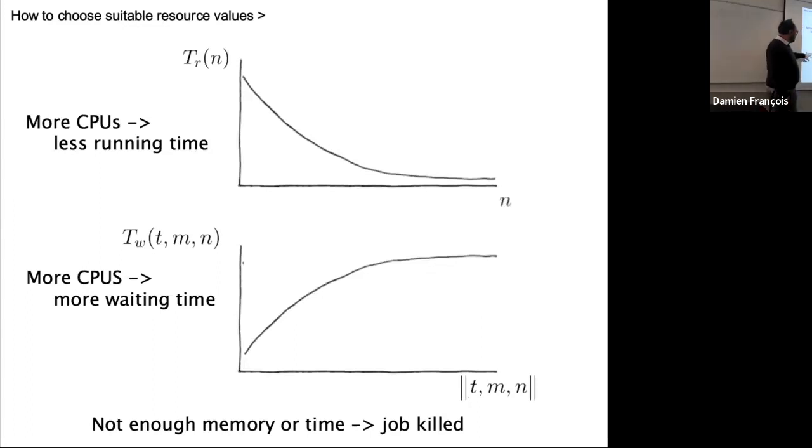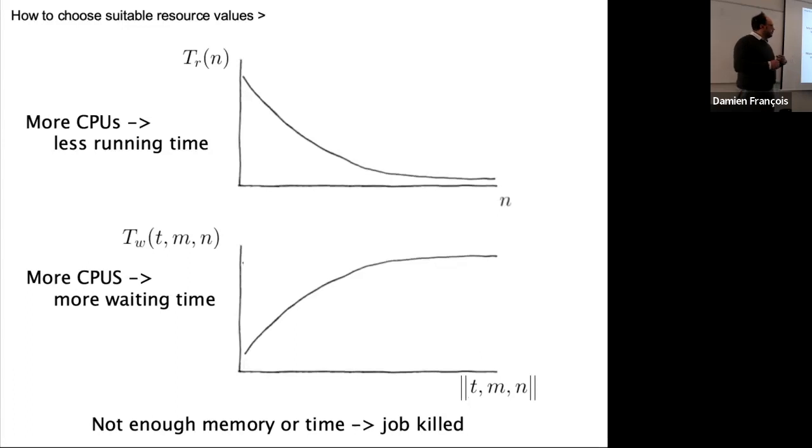But the more CPUs you ask for, the longer you will wait in the queue. So the total time to solution is a sum of those two terms. It's a matter of trying to find the good balance, if you can, between the resources that you request, and the time you will have to wait for those resources.